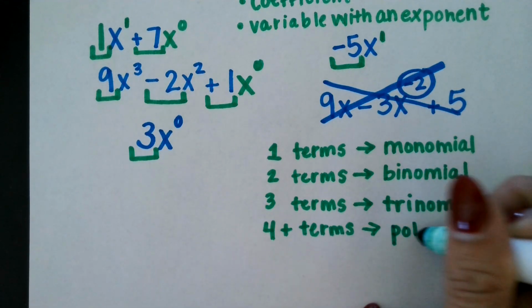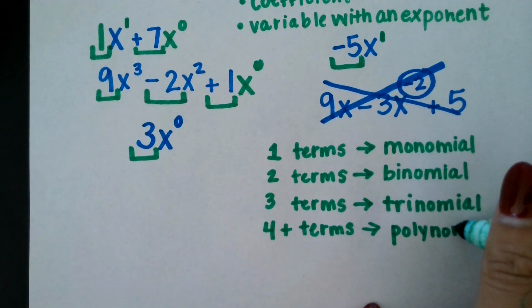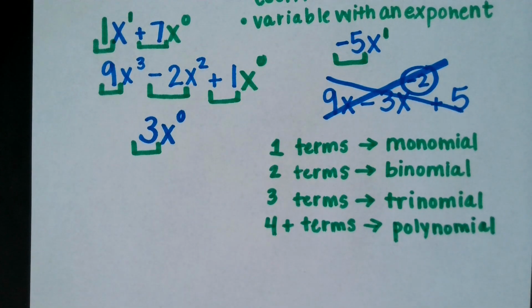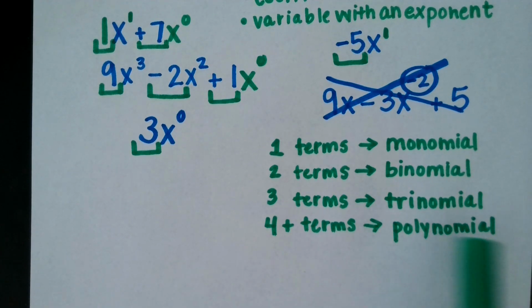Anything with 4 or more, we don't really get as specific. They're all technically polynomials in the category, but we just don't get super specific and name it by the exact number. We're just like, there's a lot of terms, it's a polynomial.